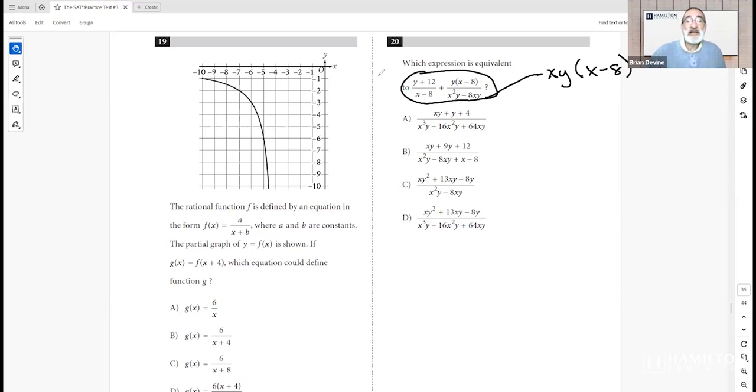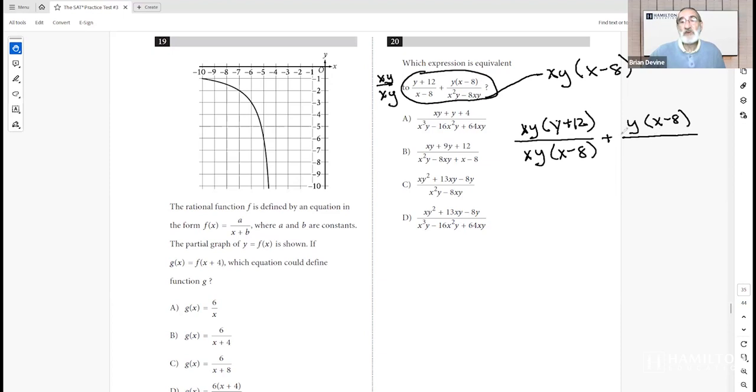So I take xy over xy and multiply the first term by that. Then I'm going to have xy times y plus 12 over xy times x minus 8. And I can add on to that the y times x minus 8 over what we discovered is xy times x minus 8.